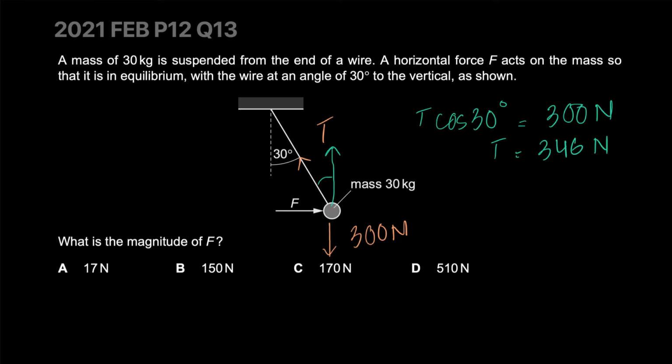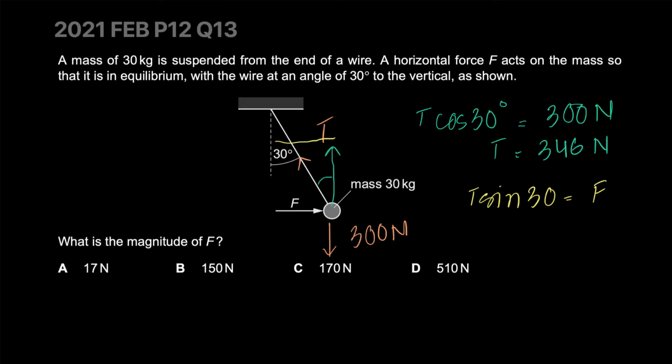The horizontal component of T is obviously going to be T sin 30, which is going to be equal to the force F, right? That is because the horizontal component is going to be, I can draw it over here like this.